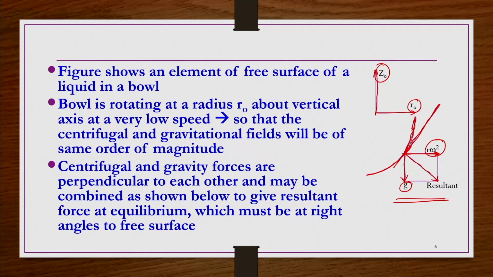So this resultant is at a right angle. If this is a tangent, at this point of tangency, if you draw a line in the right-angled triangle, that gives the resultant of these two, which is nothing but the summation of r omega square and g.